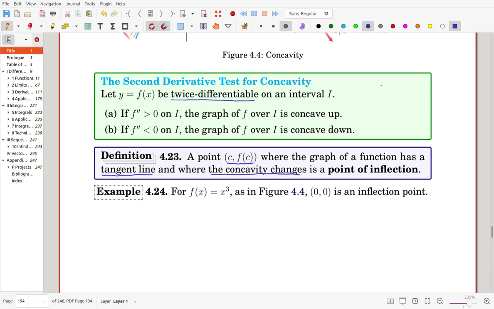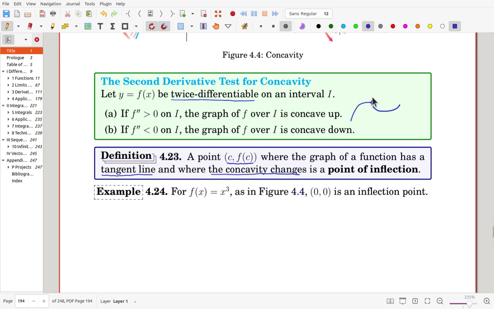In many cases, the concavity may change, like this one. Here concave down, and from here concave up like that. Then at the point, the concavity changes: the second derivative is negative, now the second derivative is positive.